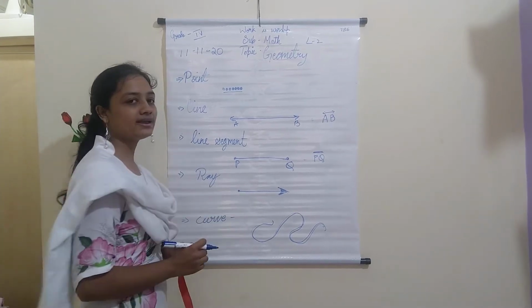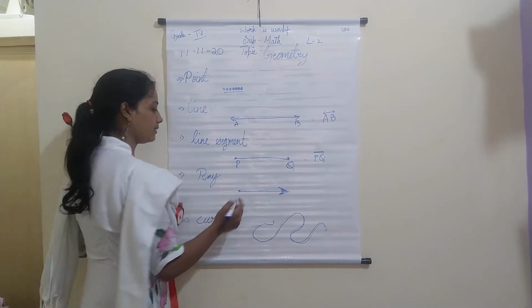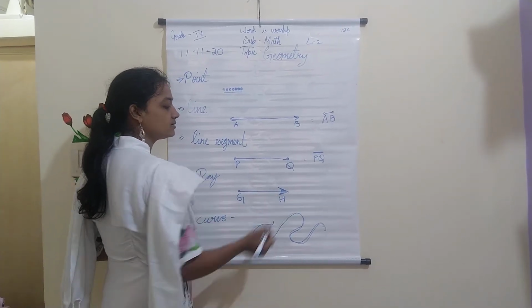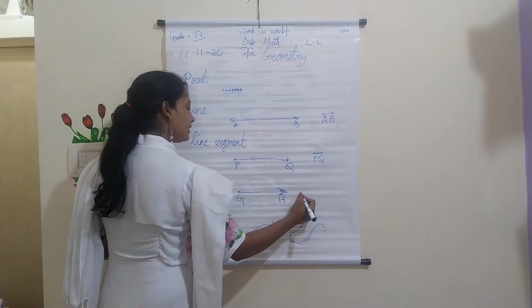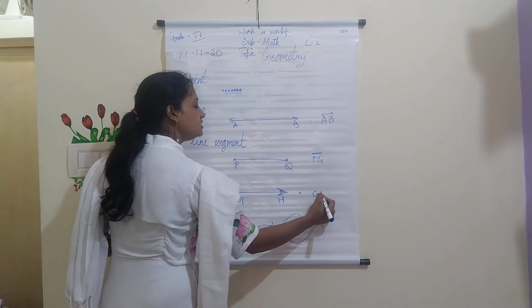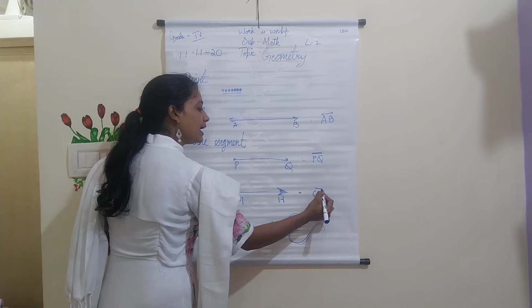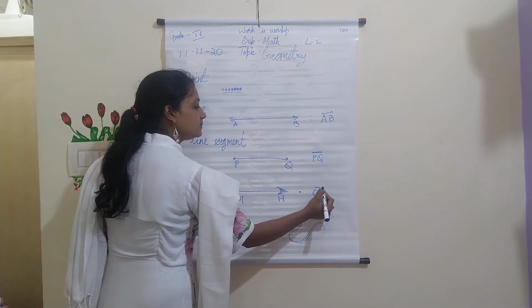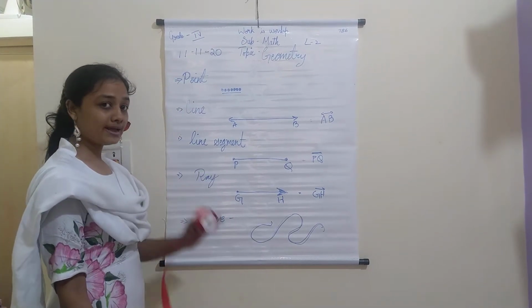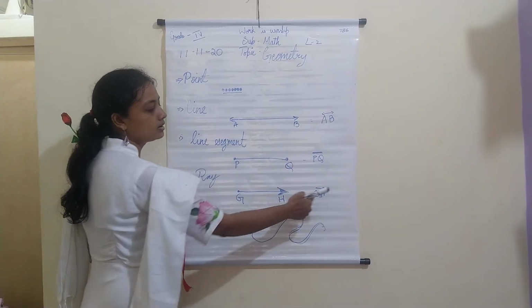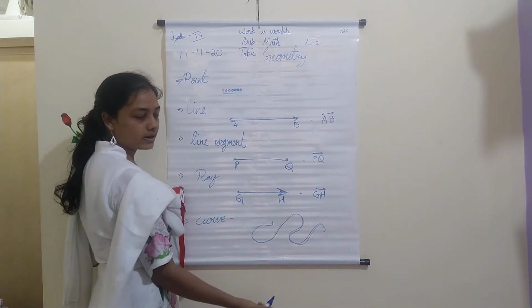Now how to write the name of a ray? I am going to give G and H and I can write it as GH and draw a small arrow mark here. And make sure that whichever side you have the arrow mark, on that letter only you should put the arrow mark.